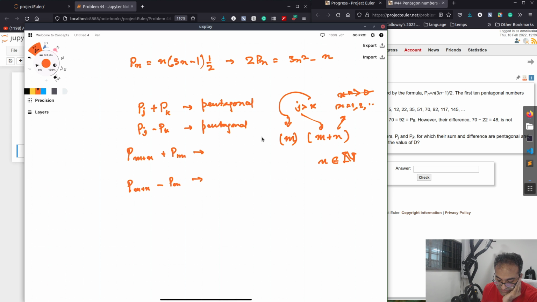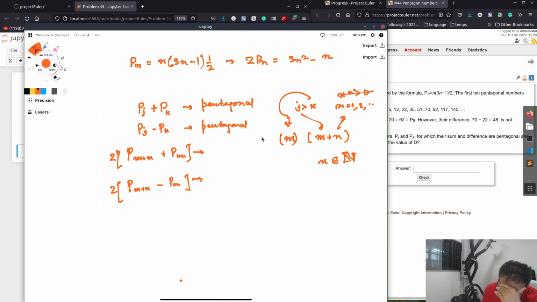Okay, so let's write down the equations. If we substitute, and let's multiply it by 2, this will be 2 times the pentagonal number.